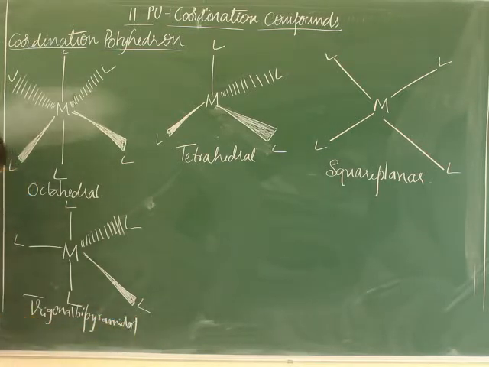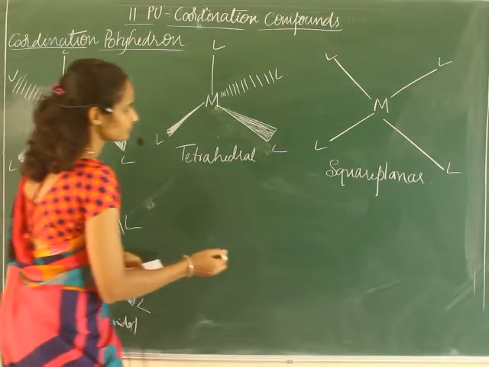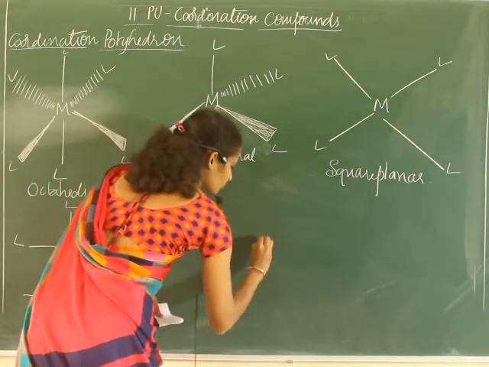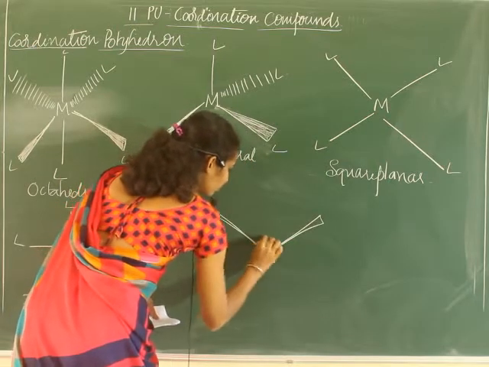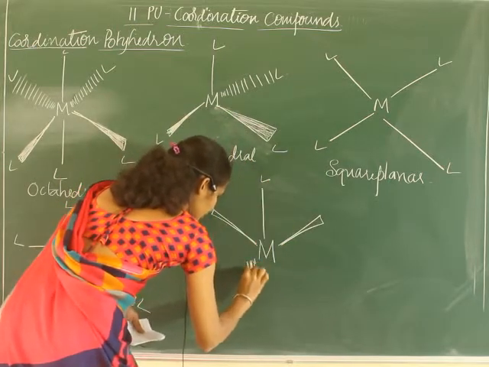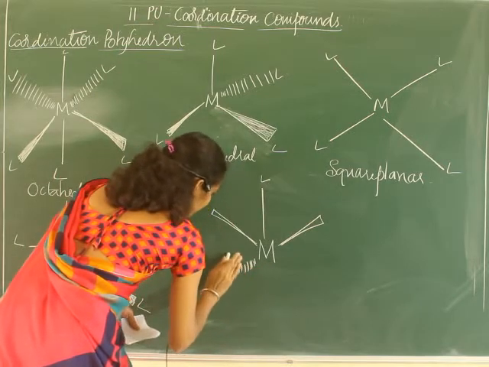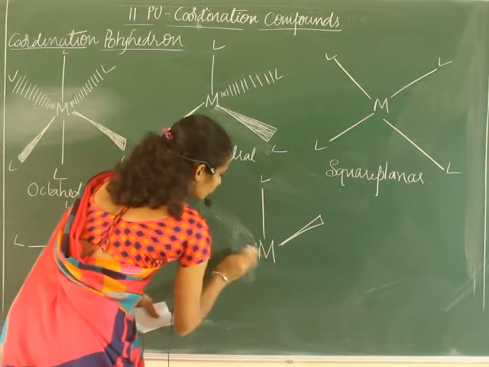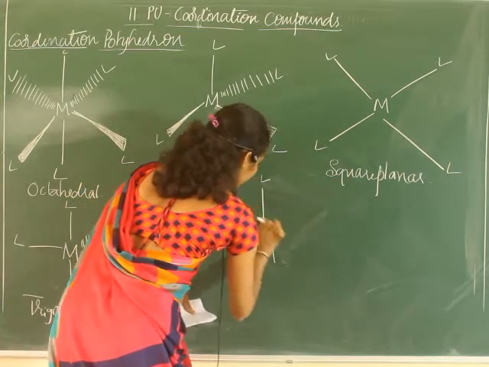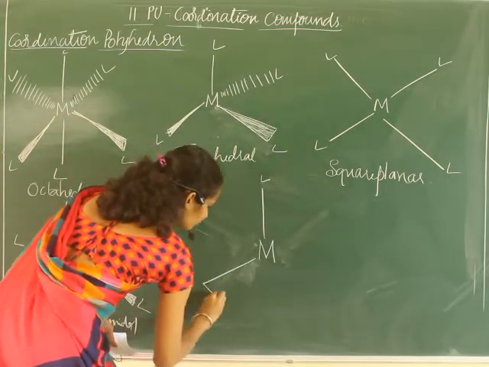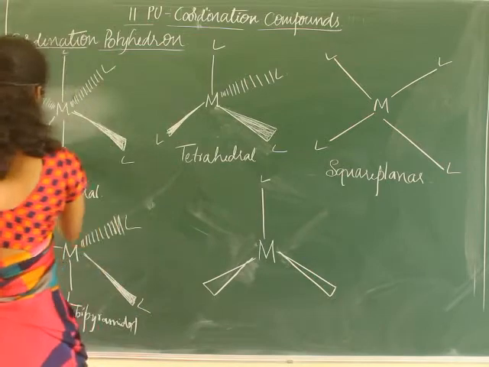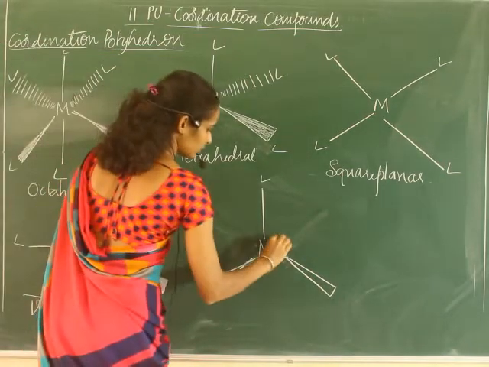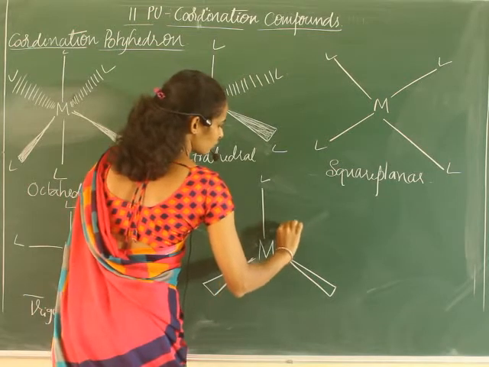And next one is a square pyramidal. Metal, and here it is solid wedge, like this solid wedge, and here it is broken lines.